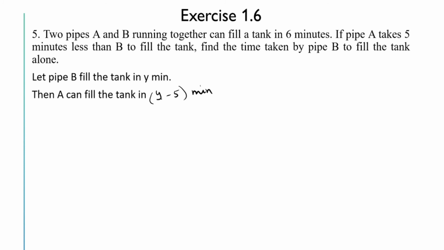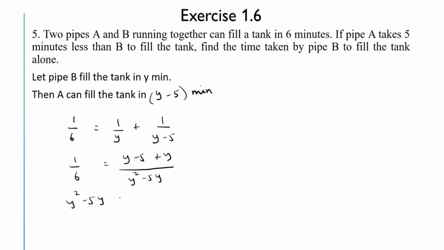So we are given 2 pipes running together can fill the tank in 6 minutes. So therefore we have 1/6 is equal to 1/y plus 1/(y minus 5), or 1/6 is equal to (y minus 5 plus y) divided by (y square minus 5y).